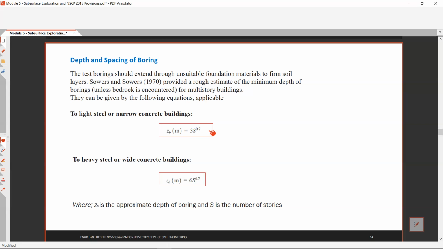And for heavy steel or wide concrete buildings, the depth of boring is equal to 6 times the number of stories raised to 0.7. Again, the depth of the boring should always be greater than or equal to the significant depth.